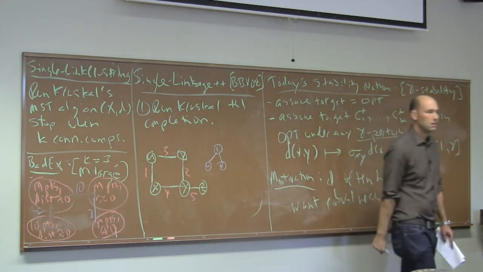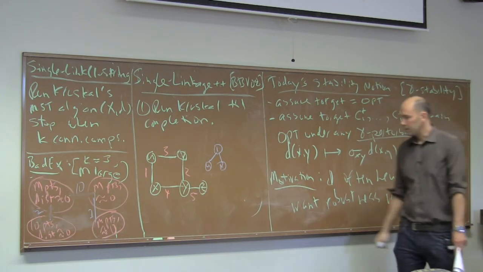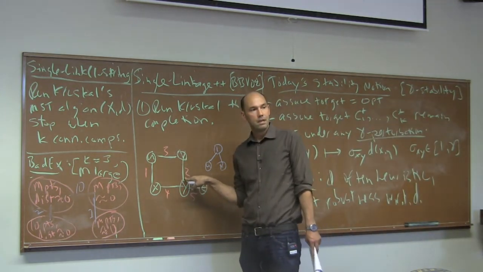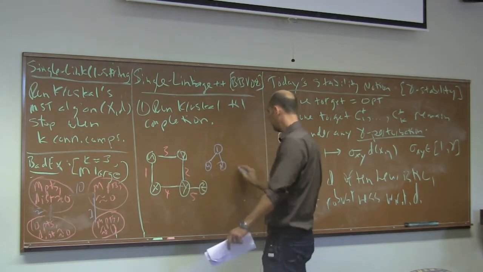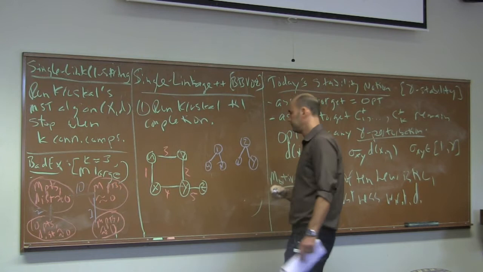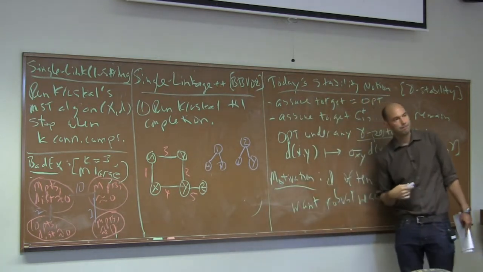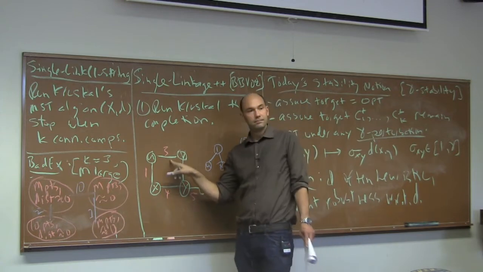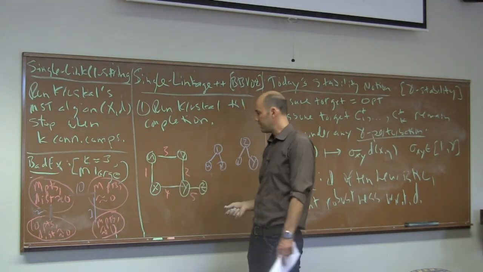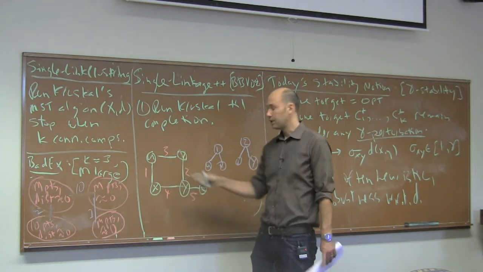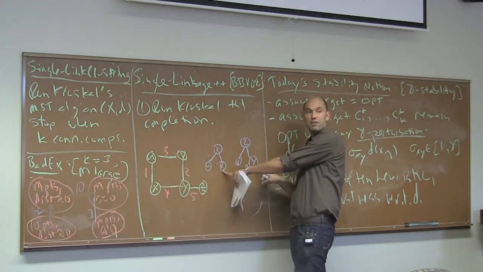Okay? What does Kruskal do next? Well, next Kruskal takes the 2. Okay? Fusing the V and the Y. Okay? Next it takes the 3. Okay? Which fuses together the UX component and the VY component. Or equivalently, fuses together the 2 connected components represented by these subtrees.